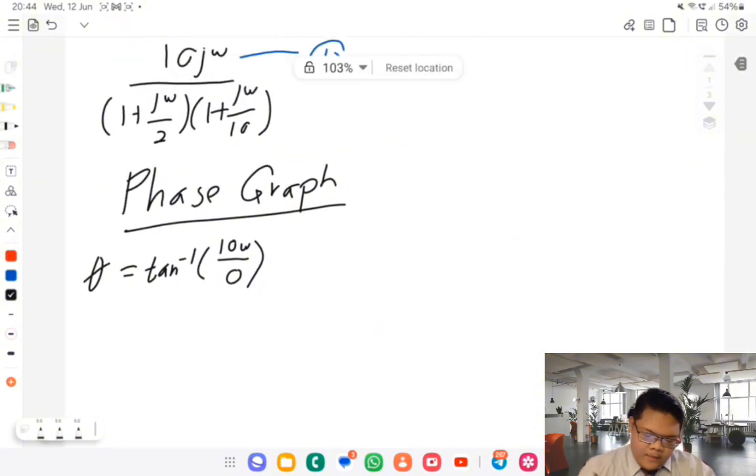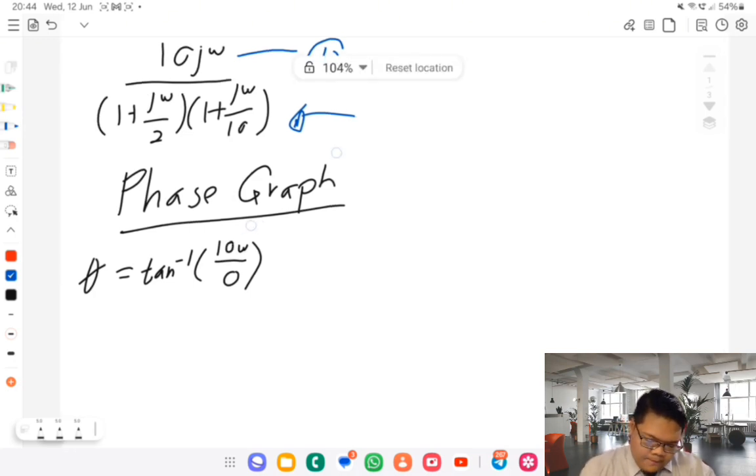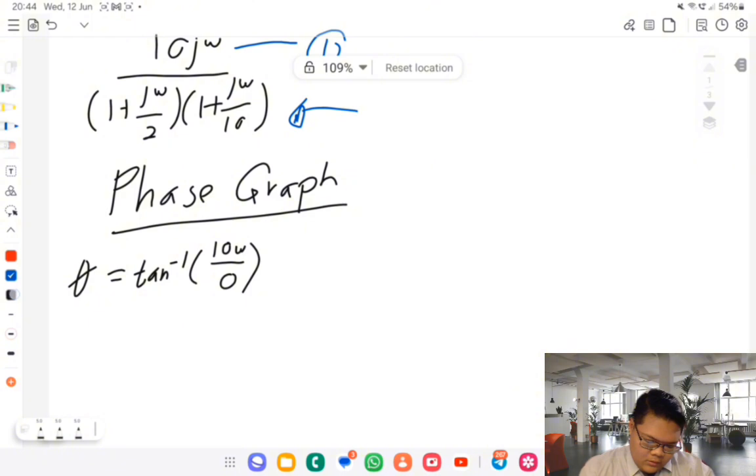Next, the bottom one, which is the denominator. Because the next part is division, the equation will be subtraction.